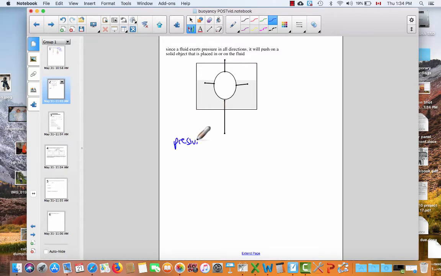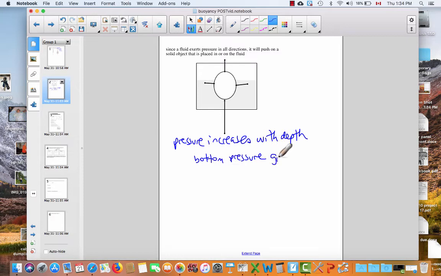So because pressure increases with depth, the pressure here is greater on the bottom.